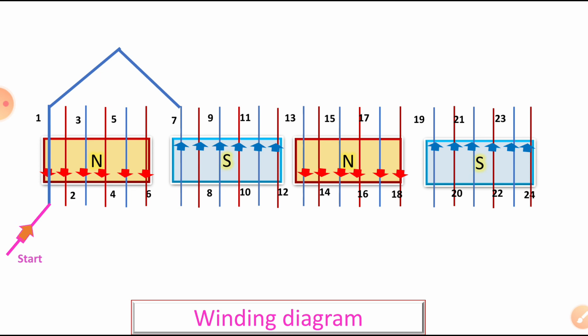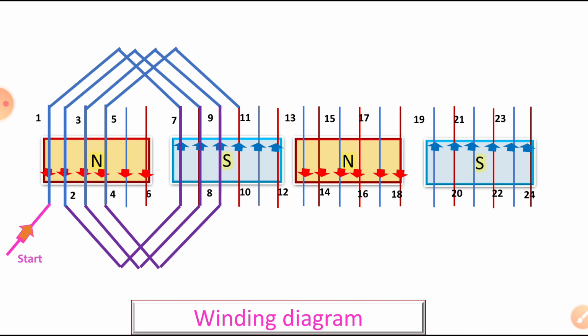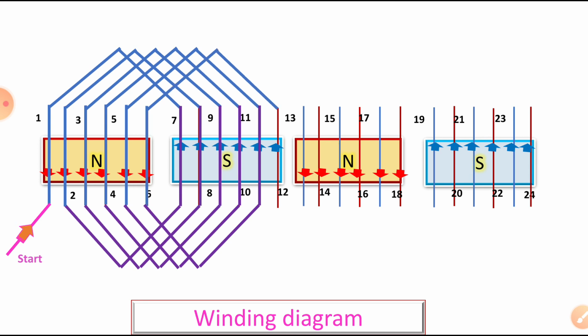So I am going to connect the second, then second to the 8th conductor, 8th to 3rd conductor, 3rd to 9th conductor, 9th to 4th conductor, 4th to 10th conductor, 10th to 5th conductor, 5th to 11th conductor, 11th to 6th conductor, and 6th to 12th conductor.